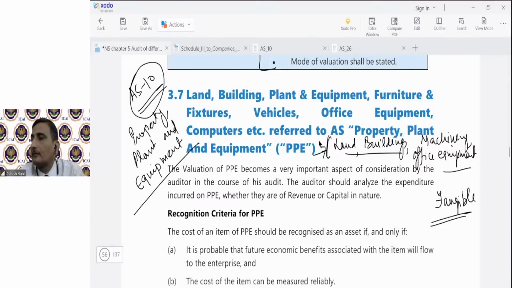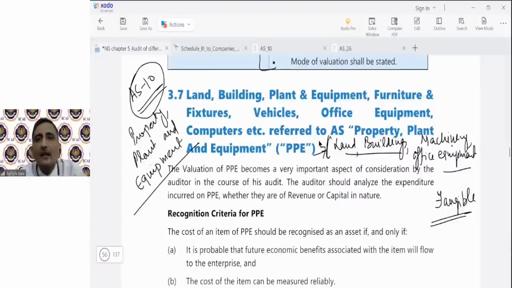Okay. Yes, Anuradha Jadhav, you are asking whether the auditing paper is theory or practical. At intermediate level, it is a mixture of both. It is more theoretical and less application based.